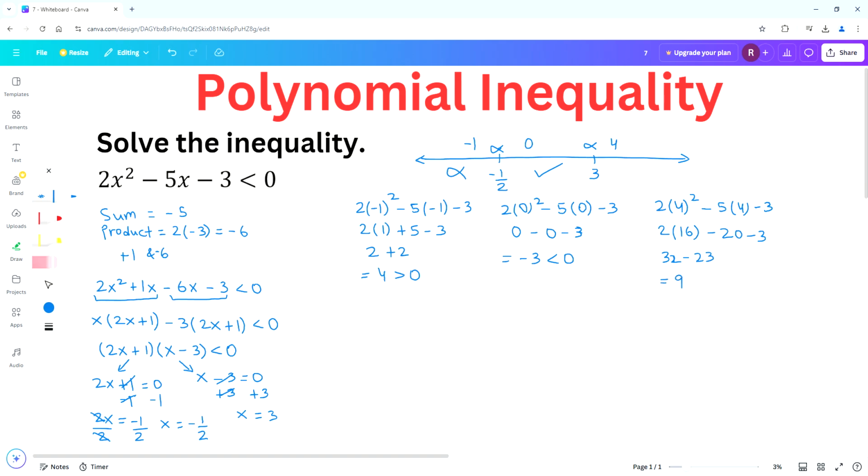I get 9, which is greater than 0. Therefore, the inequality is not satisfied in the interval on the right side of 3.